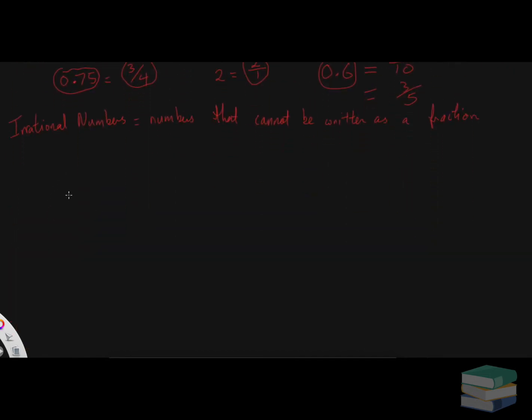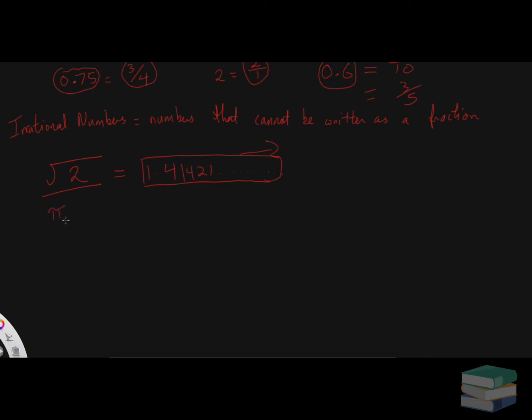So an example of an irrational number is the square root of 2. If you actually put this value into a calculator, you'd get a number 1.4121, and it keeps going down. Like, there's no set final value. There's no way to actually represent this as a fraction. So this is an irrational number.